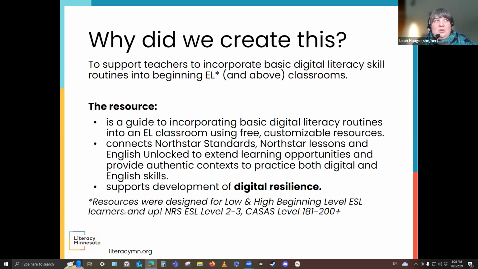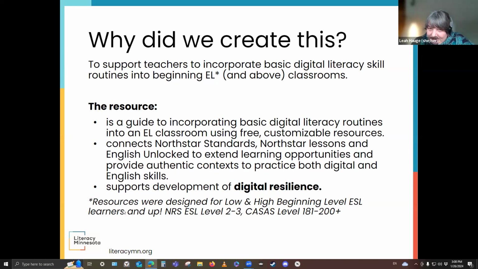Additionally, we also thought about how these very beginning level skills that we're targeting in the routines support learners to meet CCRS standards that are outlined in our English Unlocked curriculum. That's the curriculum that Literacy Minnesota publishes for EL learners. So we've also given examples of how you could extend the learning and authentic practice through that curriculum. I'll show you that.